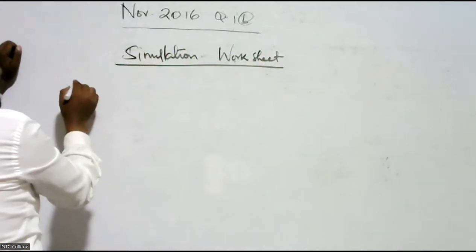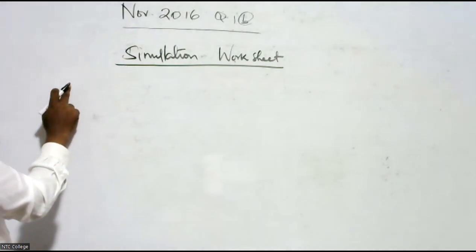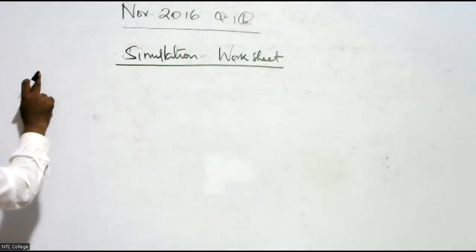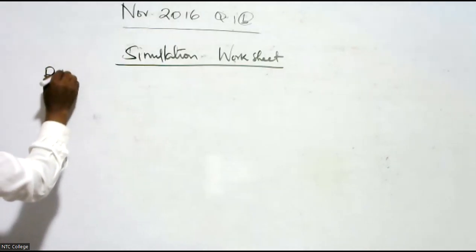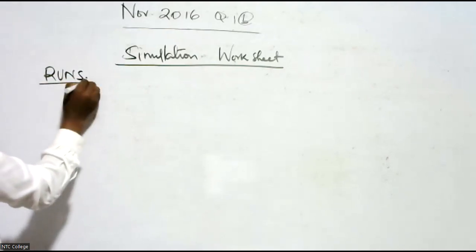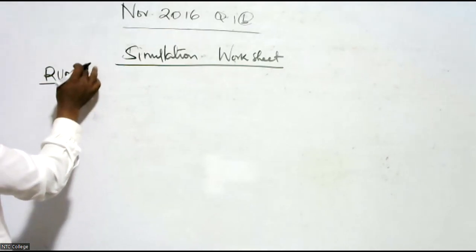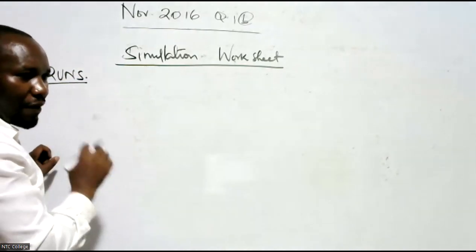So the simulation worksheet, I hope that you can see from here, so that we have a big thing up to here. So let's have our first run. The runs, the trials, you put here. Then after the run, it is the random number that will guide you.